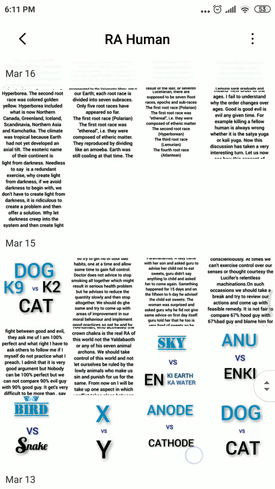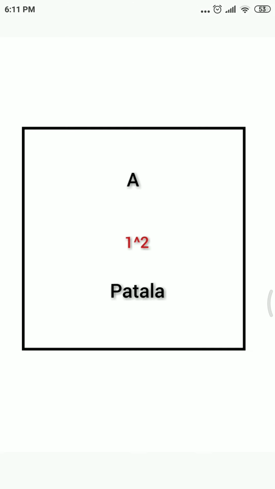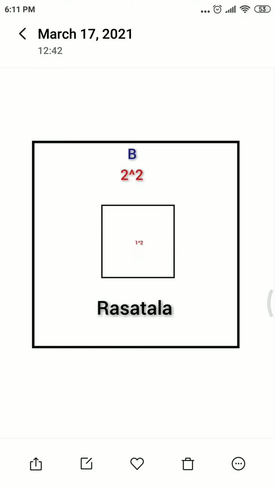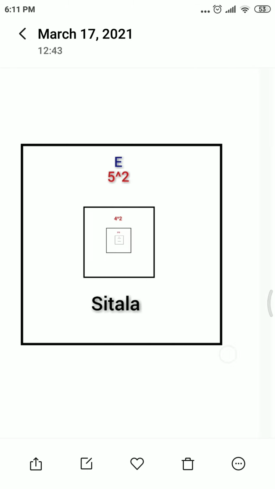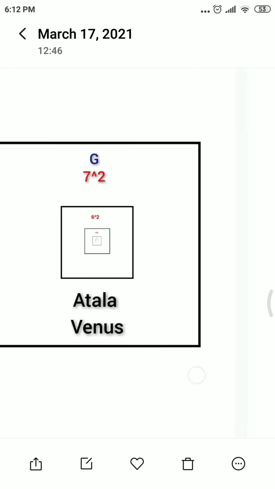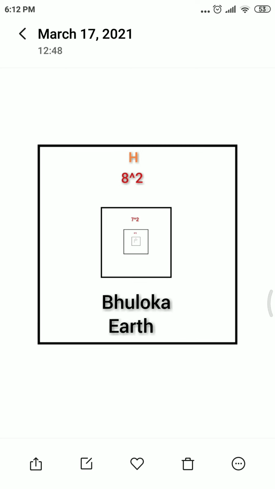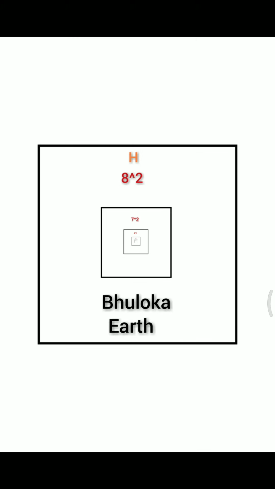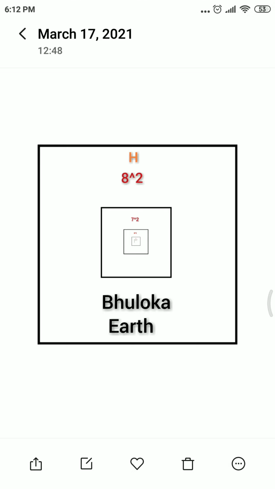Let me show you here the lokas: patala, rasatala, talatala. There is some difference here, I think. Let us see Bhuloka. Bhuloka, the earth, is represented by 8 squared, right?